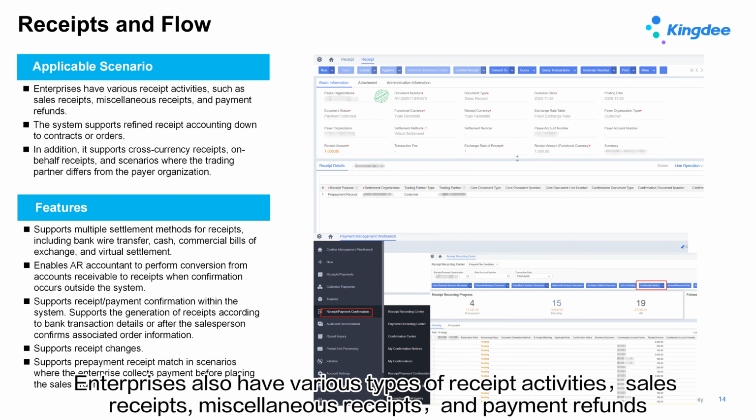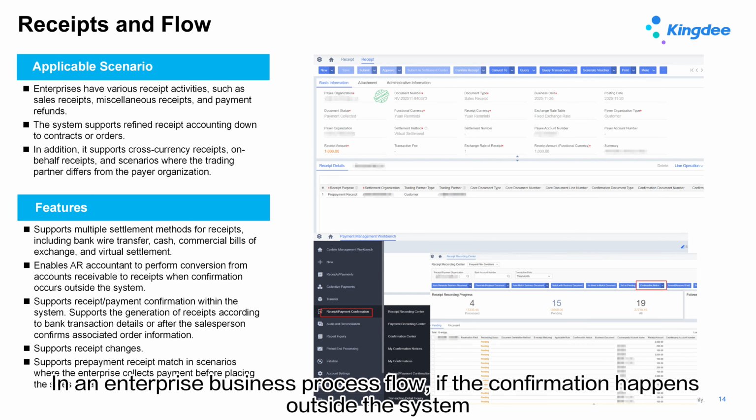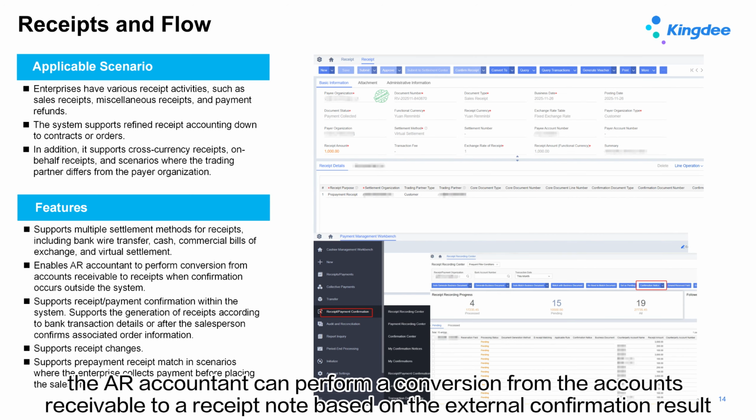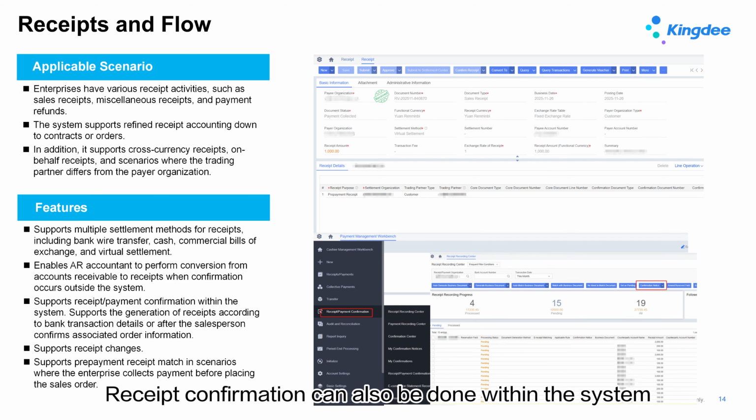Enterprises also have various types of receipt activities: sales receipts, miscellaneous receipts, and payment refunds. In an enterprise business process flow, if the confirmation happens outside the system, the AR accountant can perform a conversion from the accounts receivable to a receipt note based on the external confirmation result. Receipt confirmation can also be done within the system.